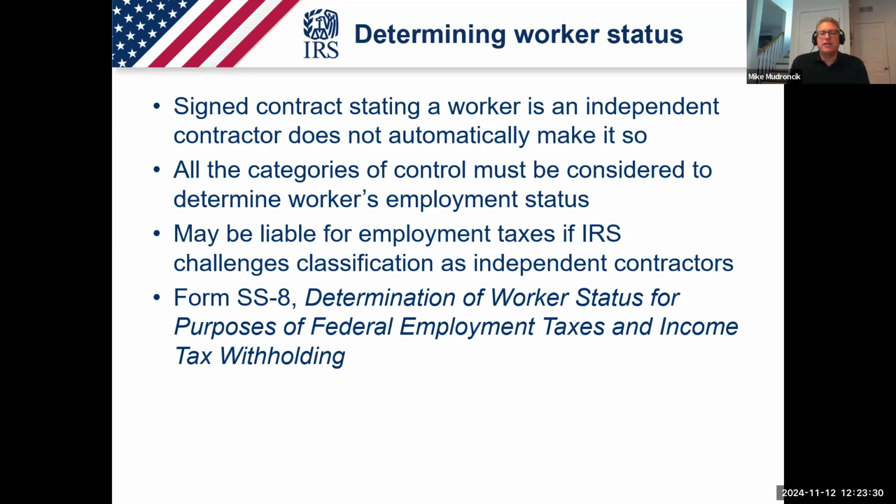You can send in this IRS Form SS-8, which is entitled Determination of Worker Status for Purposes of Federal Employment Taxes and Income Tax Withholding. And the IRS may be able to send you and the worker a determination letter. You can find the SS-8 at irs.gov, and determining the status of the worker is just the first step in understanding your federal tax responsibilities as an employer.